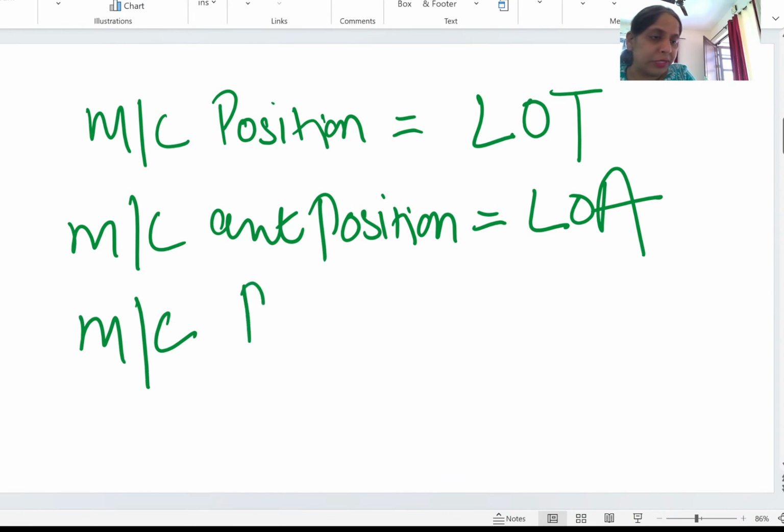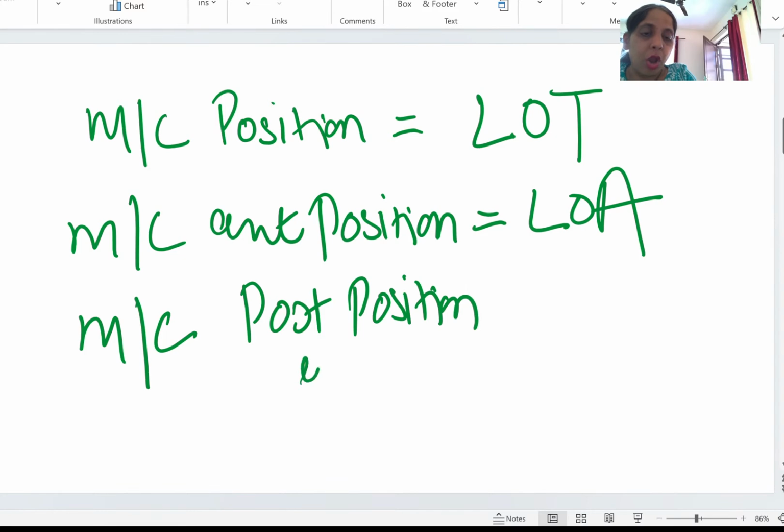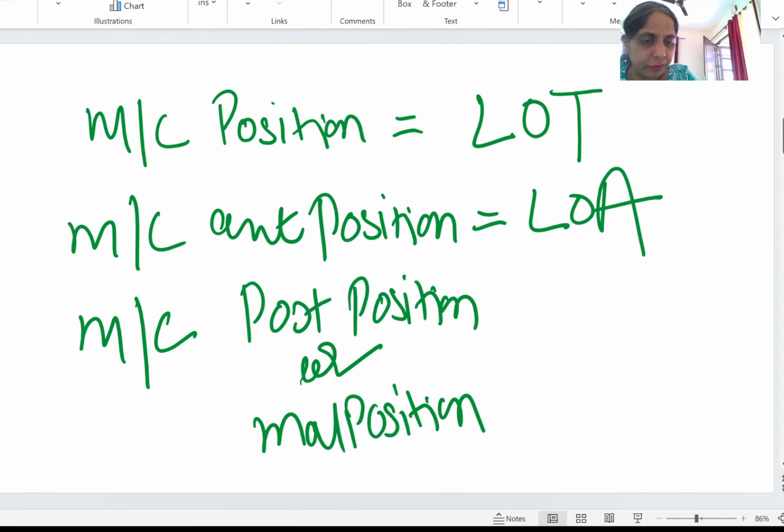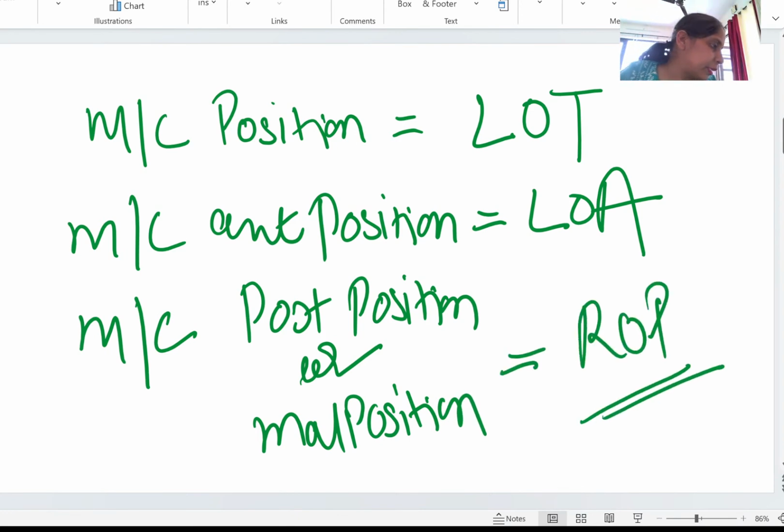Most common posterior position or malposition is ROP. Is it clear? No, beta. ROP is most common.